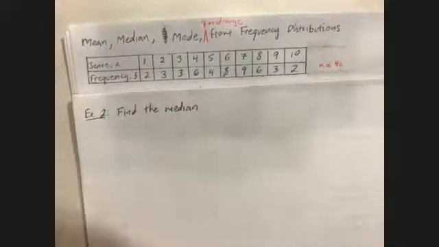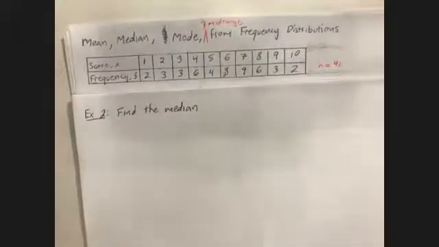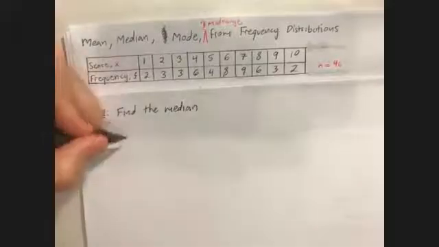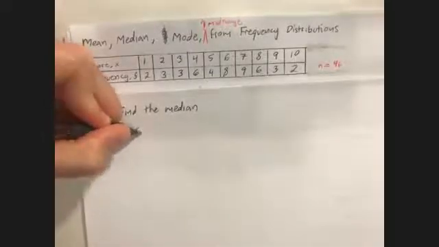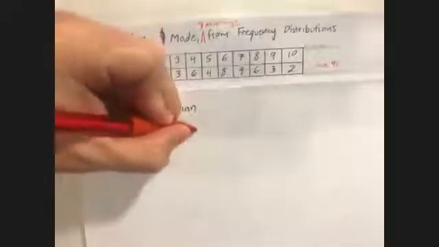So first we need to know how many things there are. So I would first find n. I did that already. We already know that n is equal to 46.